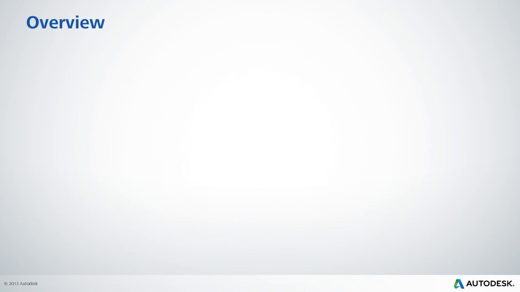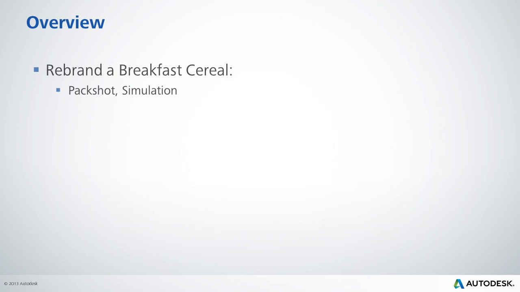Let me first give you a brief overview on what we're going to see within the next hour. Basically, we're going to rebrand a product, create a pack shot and some sort of simulation, as well as a casual game prototype, which is supposed to be running on a mobile platform later on.